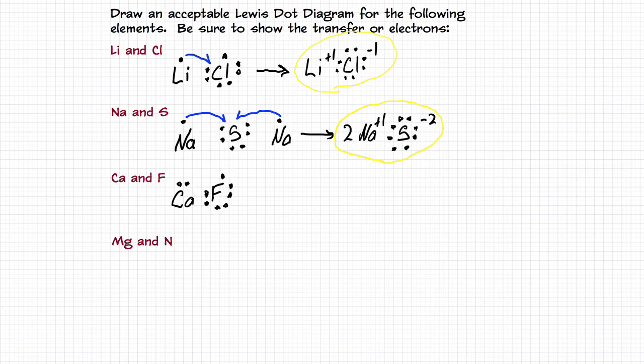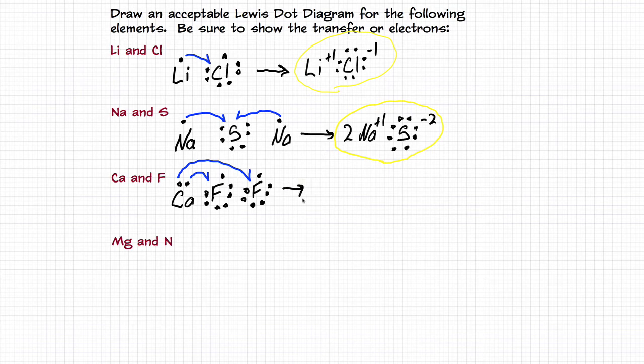And although that makes the fluorine happy, the calcium still has 1 valence electron that it needs to get rid of to lose its valence shell, so we're going to need to add another fluorine. And let's go ahead and transfer that second electron over to the other fluorine, and there everyone is happy.